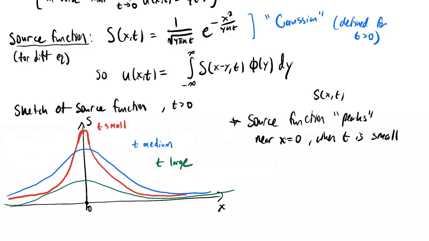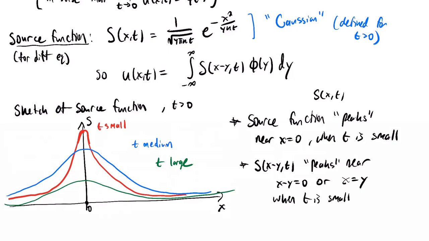Okay, and the reason I'm mentioning this is, what's going on in this integral? If we look at the solution formula, that means that if I plug in x minus y, this should peak when x minus y is 0. So it peaks near x minus y equals 0, or x equals y, when t is small.